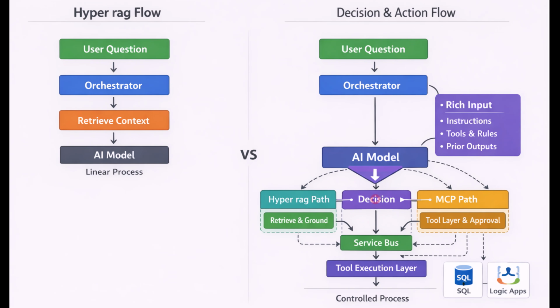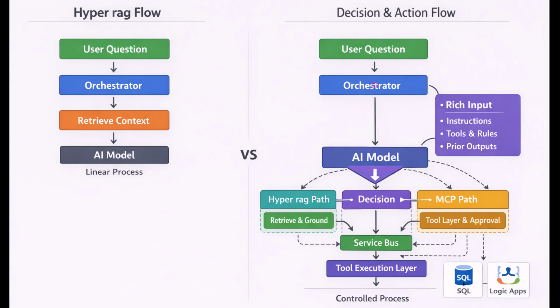So at that point, the model evaluates the request and determines the next path. Should the request stay inside Hyper-RAG because it needs grounded business understanding? Should it move into MCP because it requires tools or operational interaction? Should it use both? The decision then comes back to the orchestrator. And from there, the orchestrator remains in control of the runtime flow.